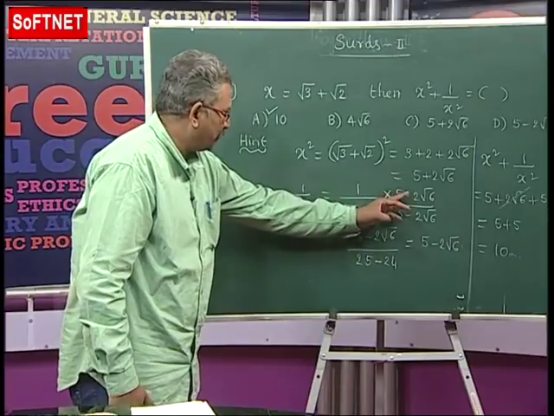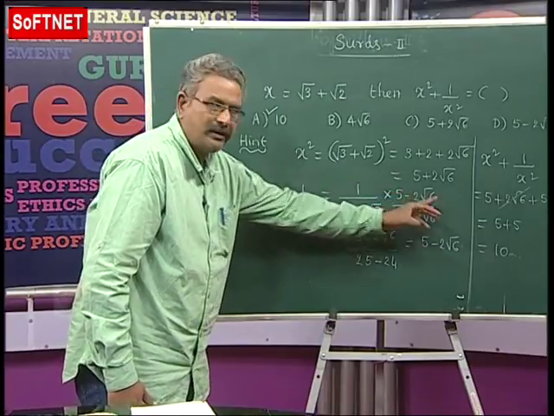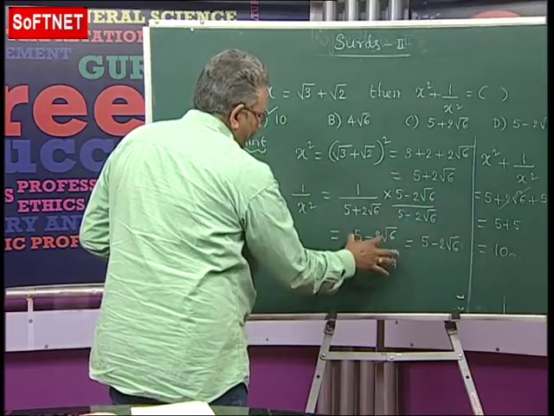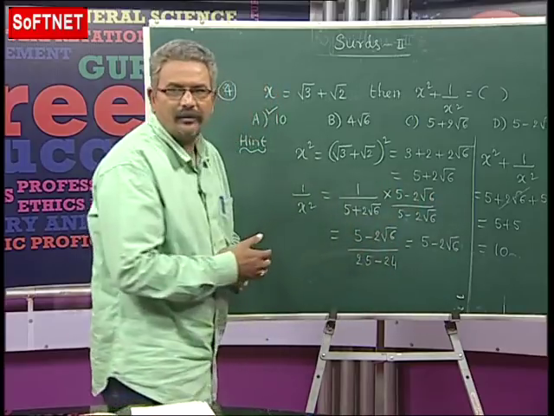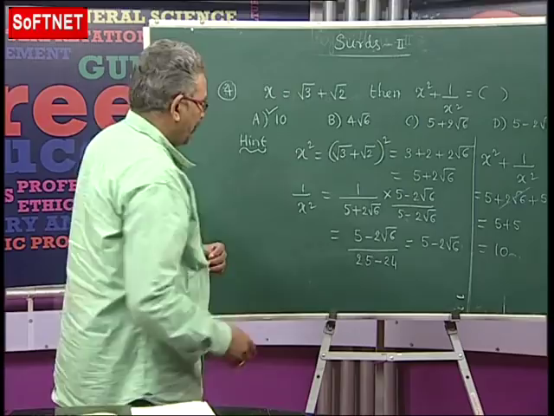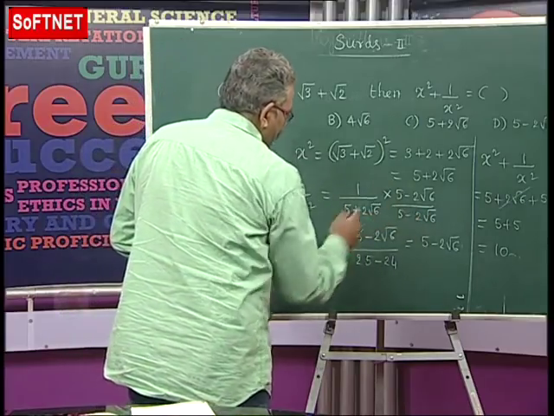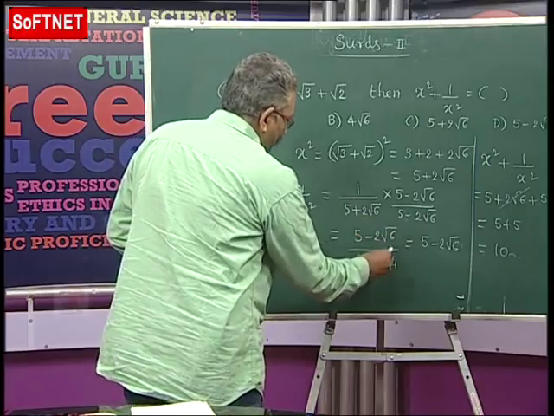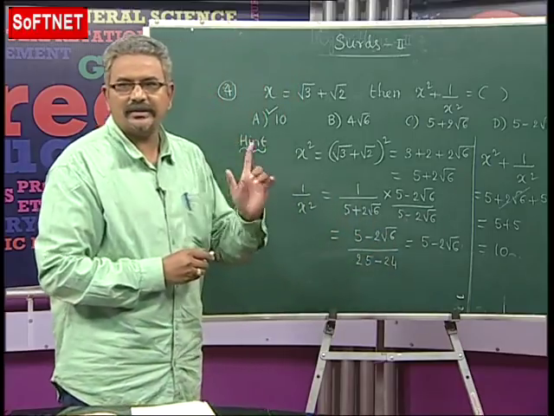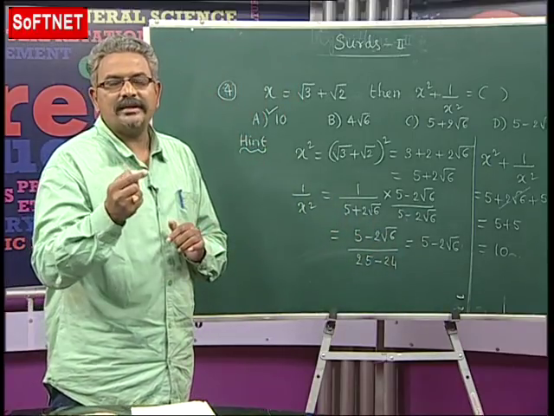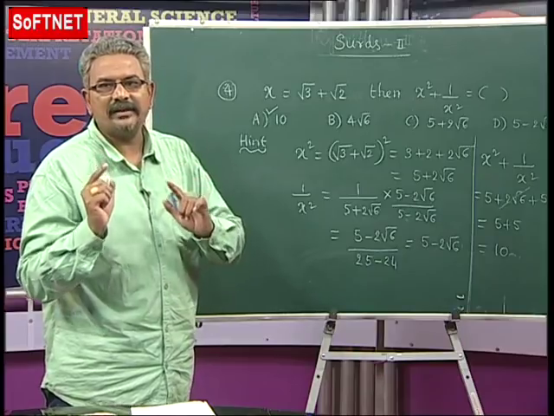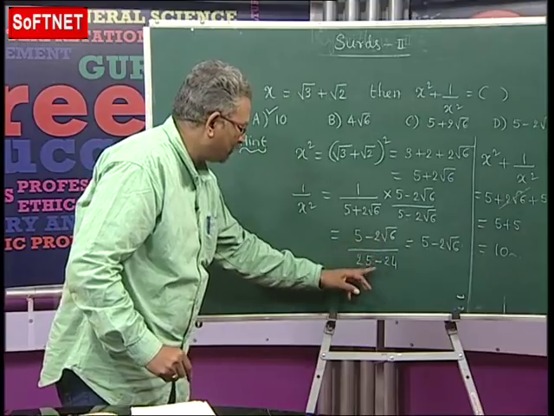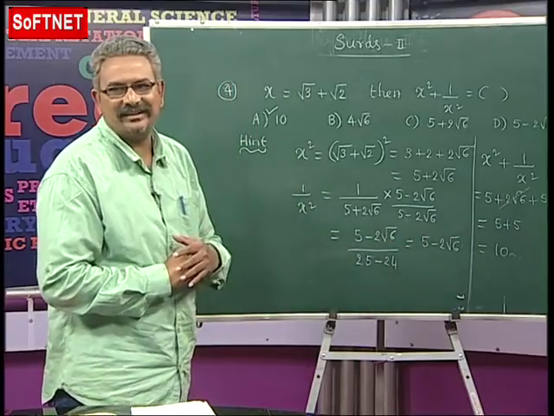If you multiply both numerator and denominator with 5 minus 2 root 6, we get 5 minus 2 root 6 upon, here a plus b into a minus b, a square, 5 square, 25, minus 2 root 6 square, 2 square is 4, root 6 square is 6, 4 into 6 is 24, 25 minus 24, 1. 5 minus 2 root 6 by 1 is 5 minus 2 root 6.